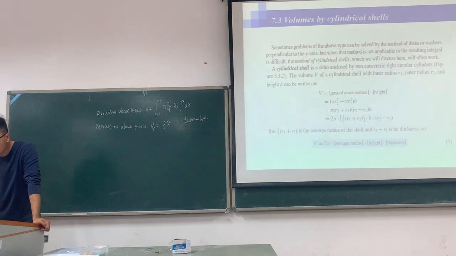The volume V can be written as V equal to the area of the cross section times the height.